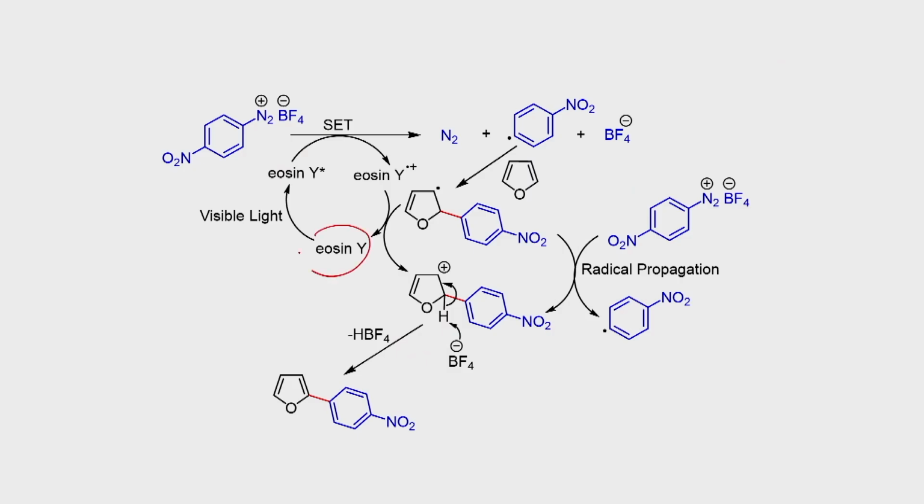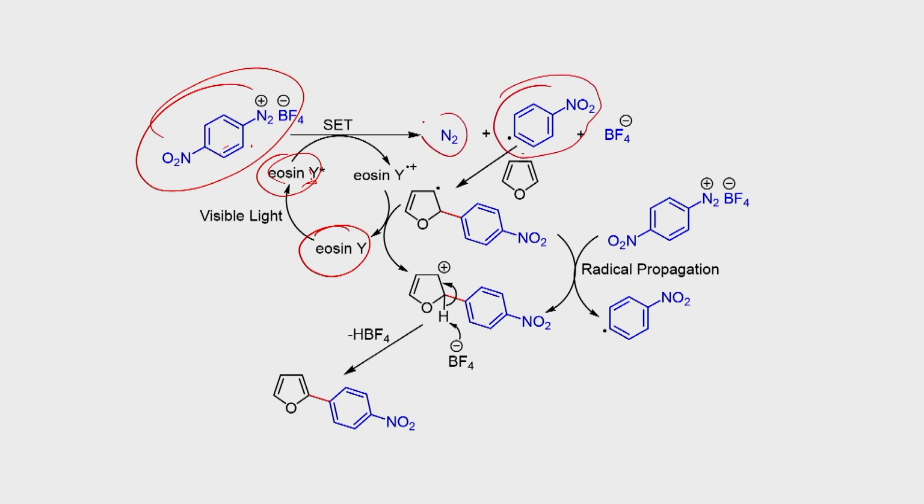So you have here your dye, which in the presence of light can be converted into this one. Once we have this one, it can transfer an electron to the diazonium salt, where it will be converted into this radical, nitrogen and tetrafluoroborate. Once we have this one, the radical cation can now be reduced by the substrate, as you can see here, to regenerate the catalyst.